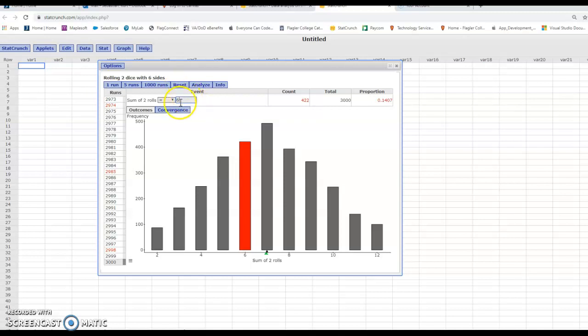For 7, I got 0.1643. For 8, I got 0.131. Again, I'm writing these down at the bottom of page 73. For 9, I got 0.1147.